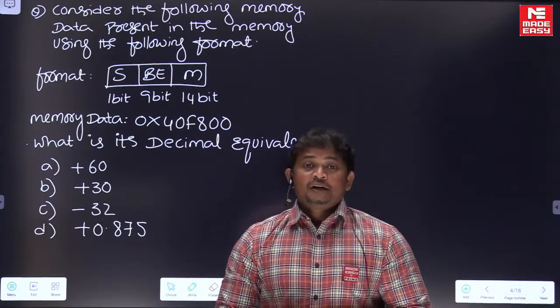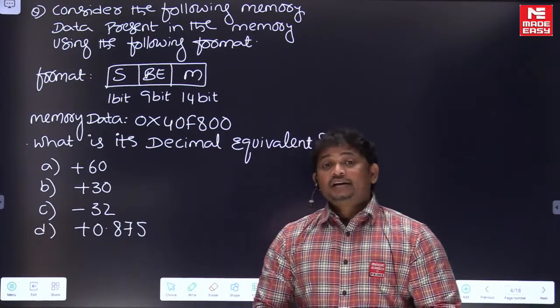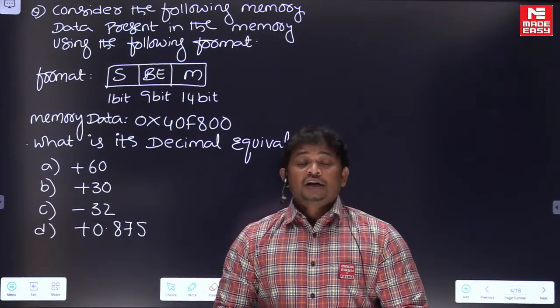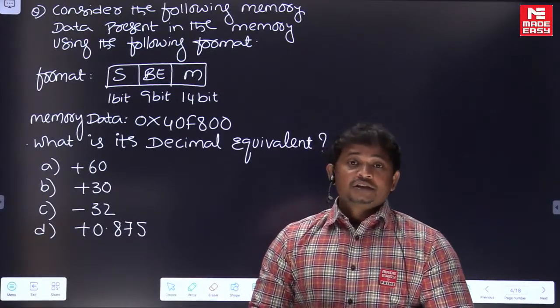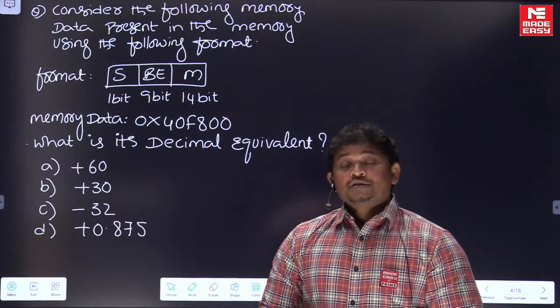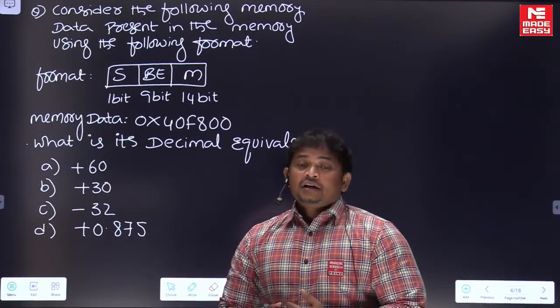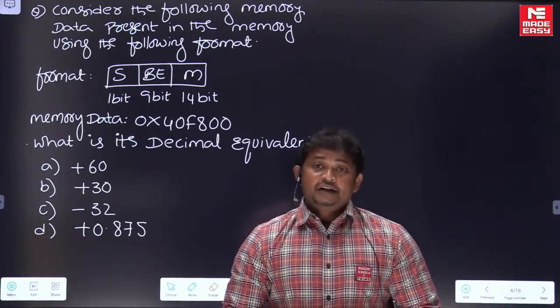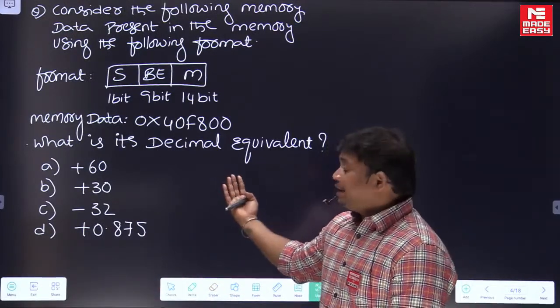From the fixed point format point of view, we are going to concentrate on unsigned numbers and signed numbers. From the floating point data point of view, we are going to concentrate on single precision floating point and double precision floating point. For floating point data, there are only two cases: how to store the data, and how to retrieve the data. The storing concept was already given in the previous question. This is the retrieving concept.